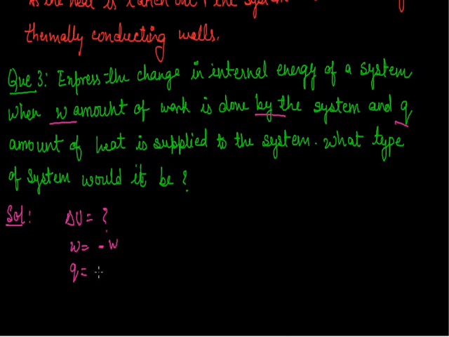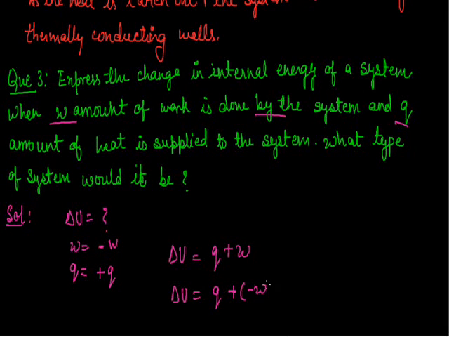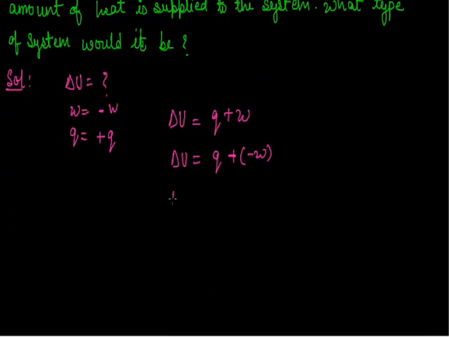When the heat is given to the system, it will be positive. So from the first law of thermodynamics, delta U is equal to Q plus W. Put the value in the equation. Delta U is equal to, the value of Q is positive and the value of work is minus W. So the internal energy change of the system will be Q minus W.